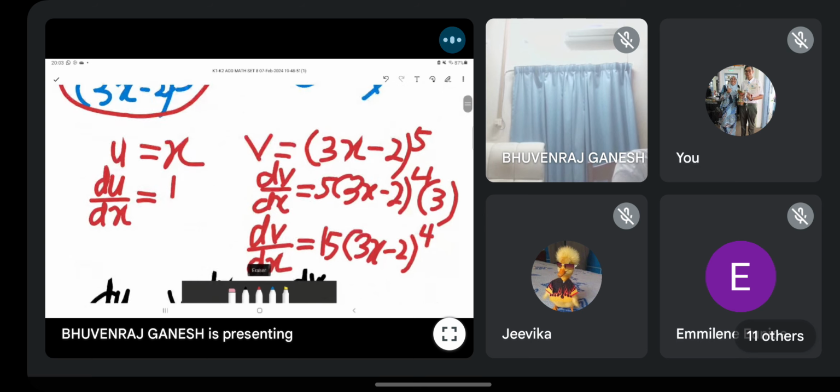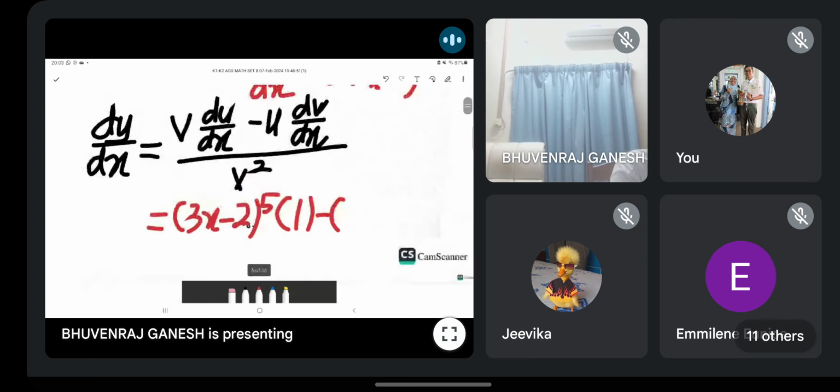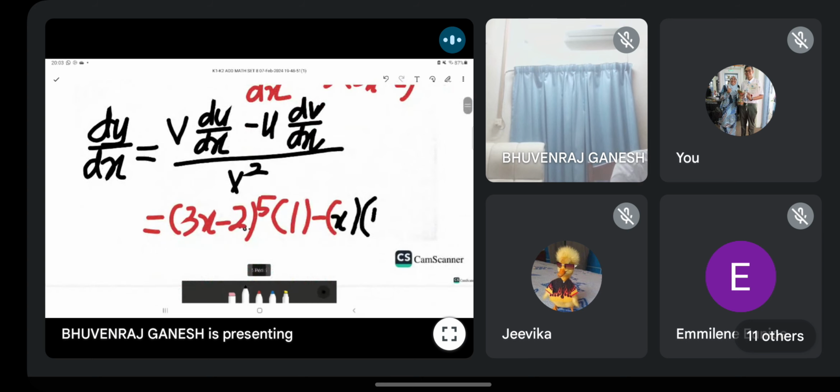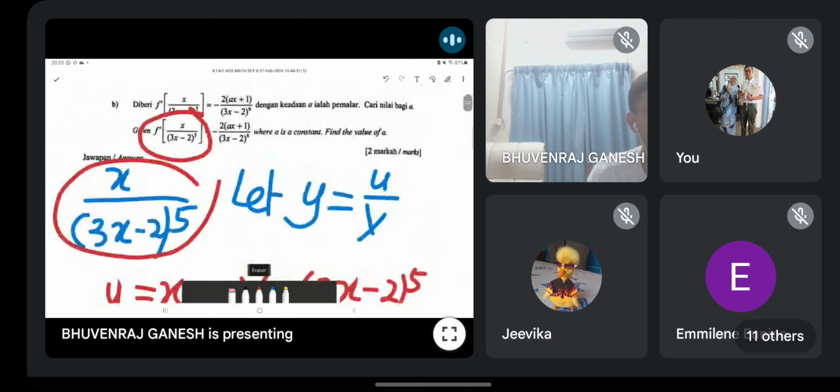So v is (3x minus 2) power 5, du/dx is 1, minus u is x, dv/dx is 15(3x minus 2) power 4, then divide by v squared, (3x minus 2) power 5. This one the whole thing squared guys. Seluruh nombor ni kuasa 2. Now you must look back at the question.